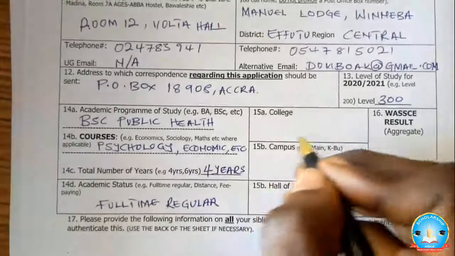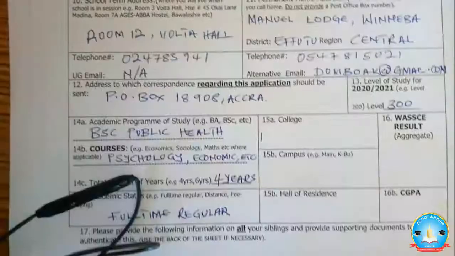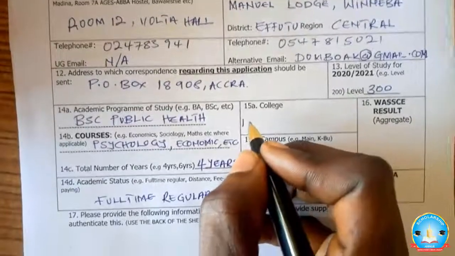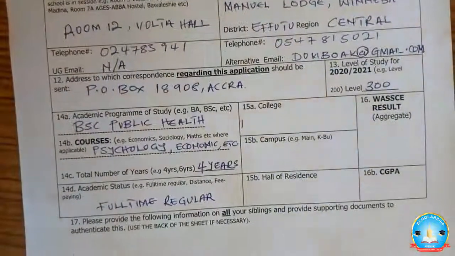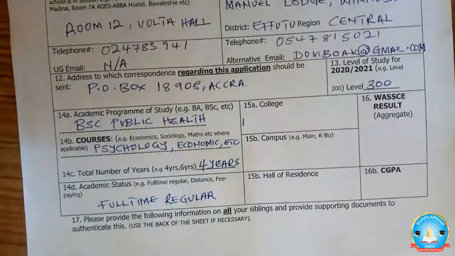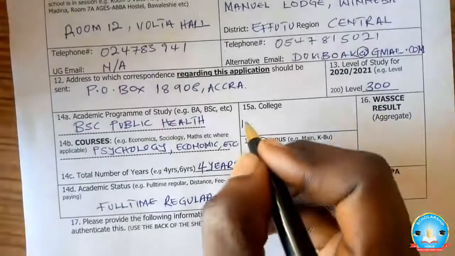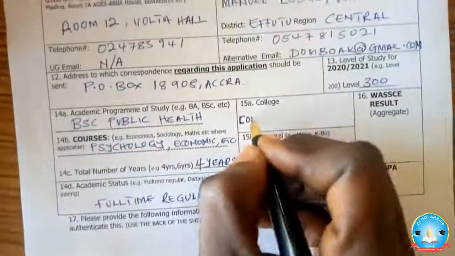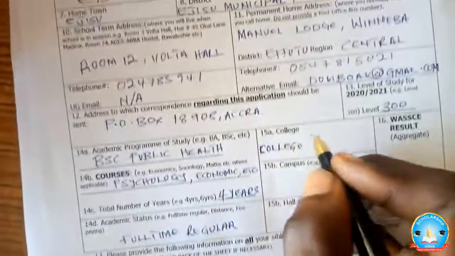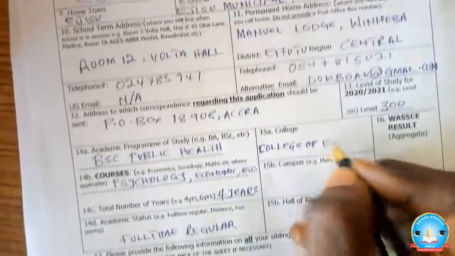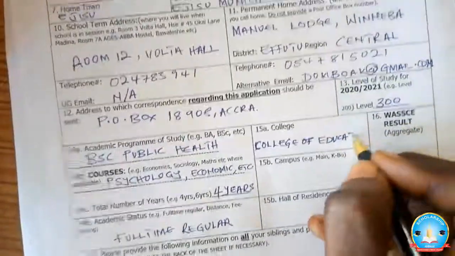Now let's go to 15A. So you have college: College of Health Sciences, and you also have College of Basic and Applied Sciences. We have College of Humanities and College of Education. So we pick here College of Education. So you must know the college that you fall under.